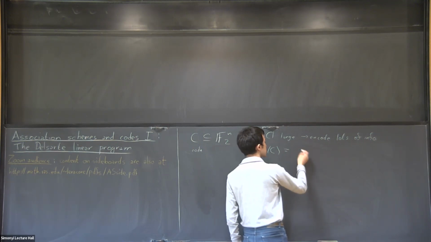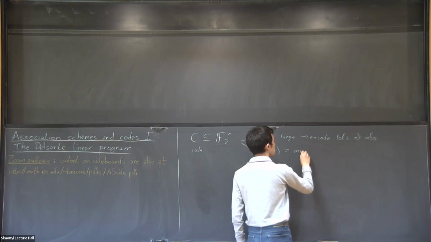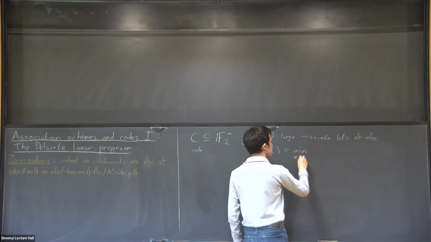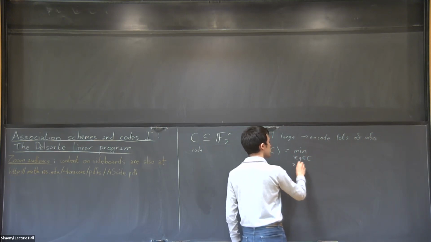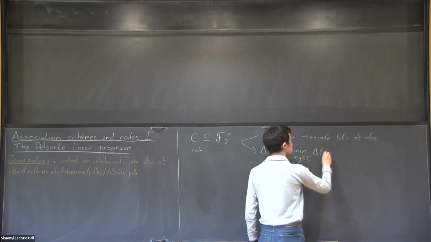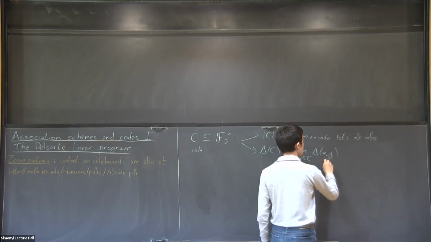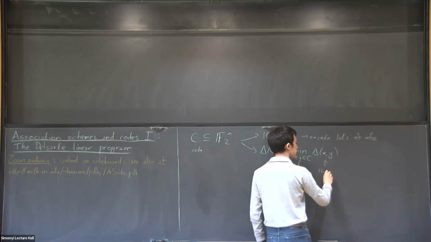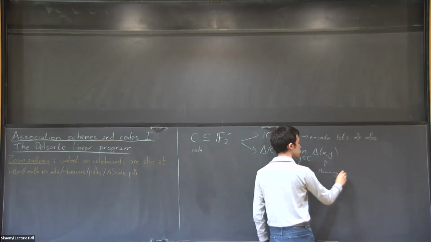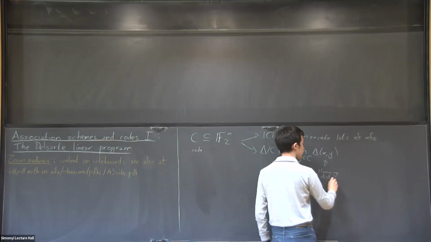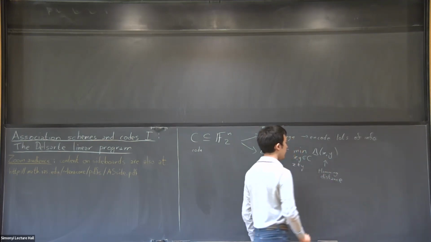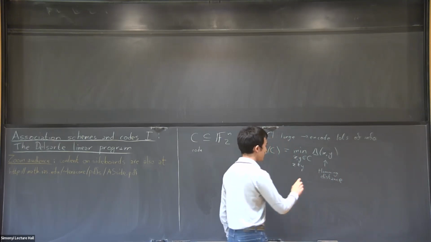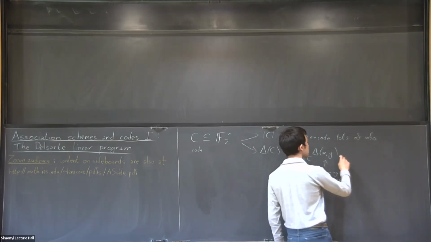It's the minimum over x and y in the code of the distance between x and y. Here it's the Hamming distance, and you want this to be large.